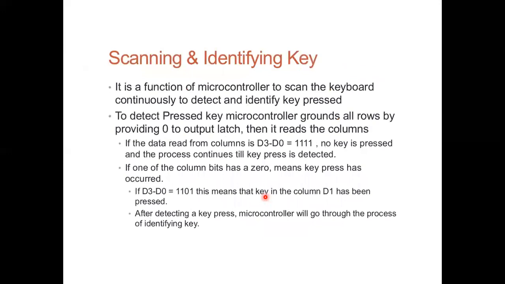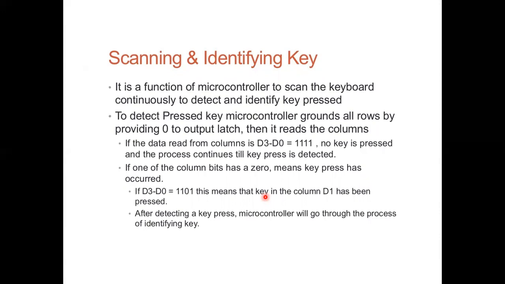Scanning and identifying a key in the 8051: it is a function of the microcontroller to scan the keyboard continuously to detect and identify the pressed key. To detect a pressed key, the microcontroller grounds all rows by providing 0 to the output latch. Then it reads the columns.